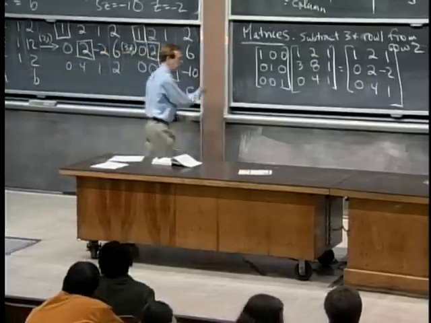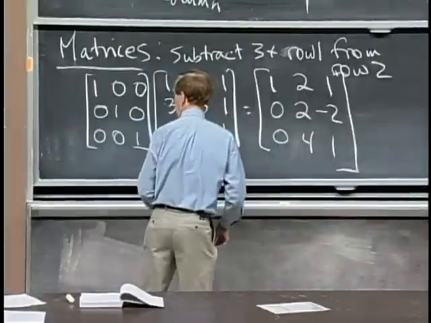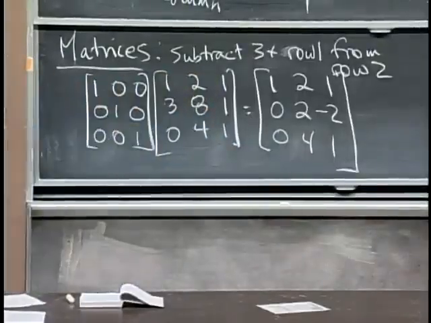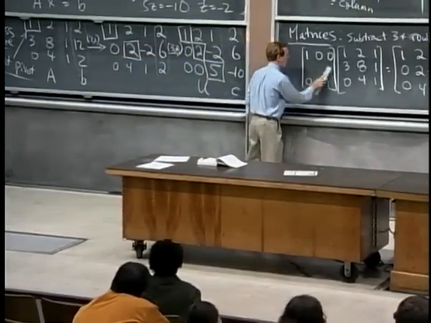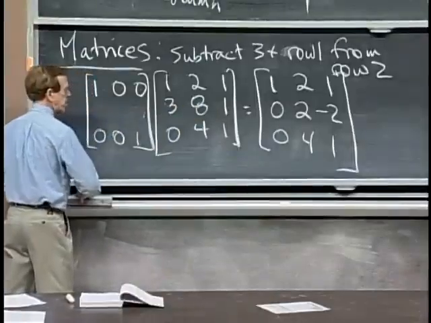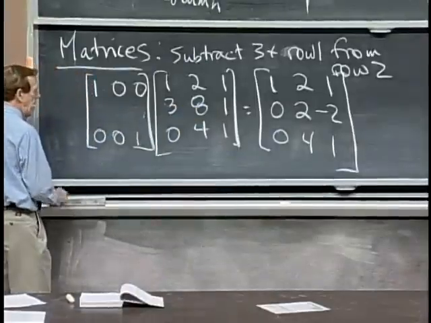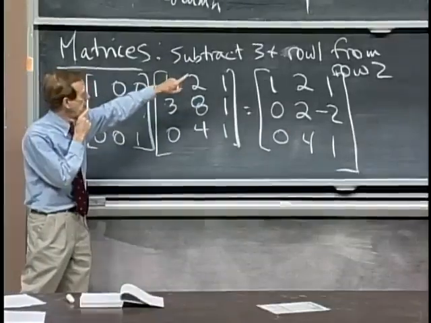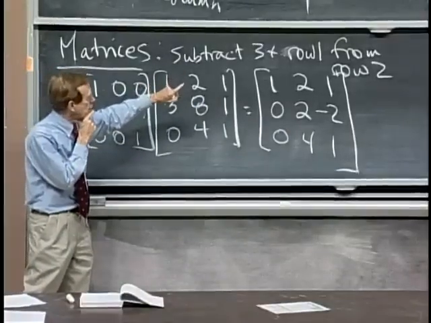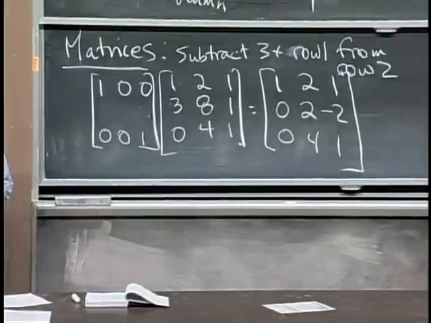But that's not what we want, because we want to change this row 2. So what should I put in here to do it right? What am I after? I want 3 of row 1 to get subtracted off.